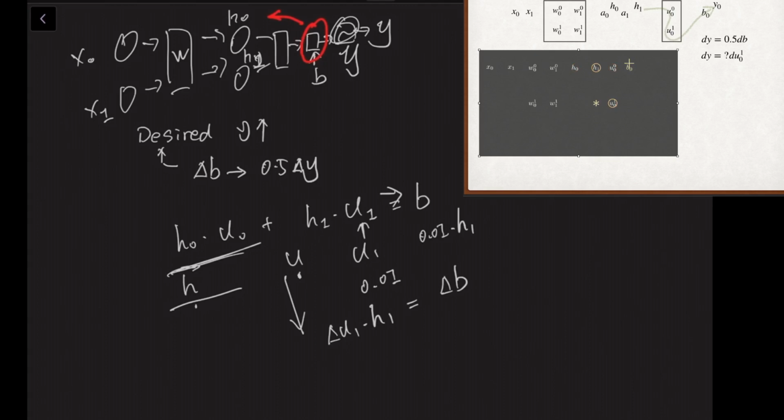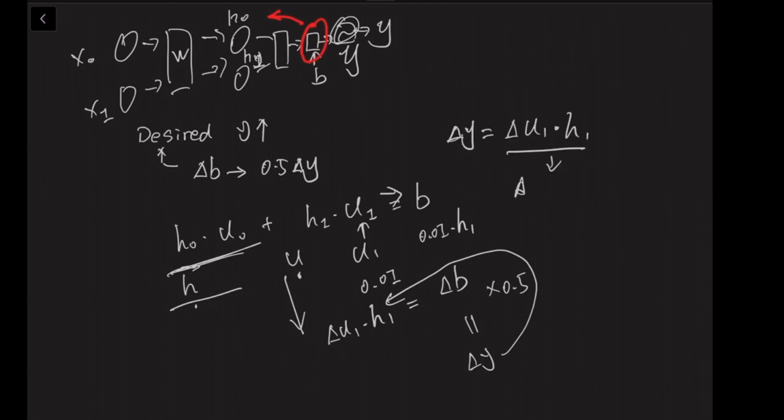And please remember the change of y is the change of b times 0.5. So if you go this way, we will have the change of y is the change of u1 times h1, therefore it affects b, and this is times 0.5.